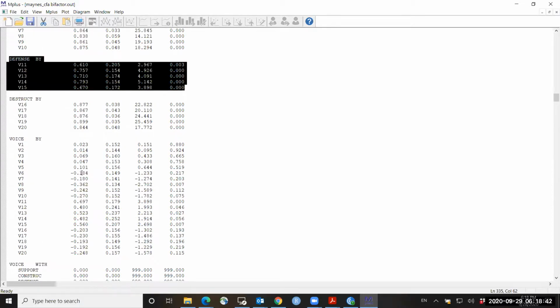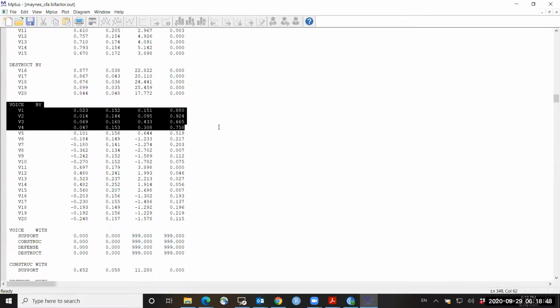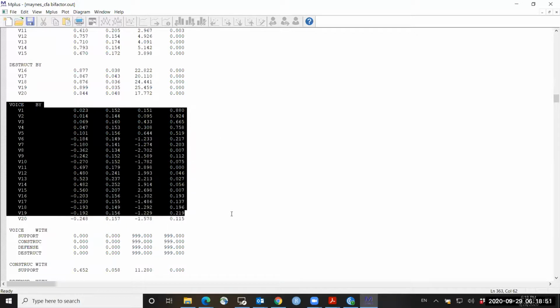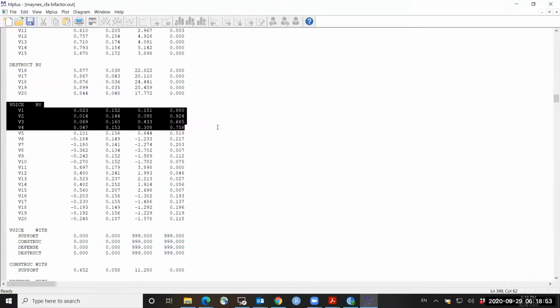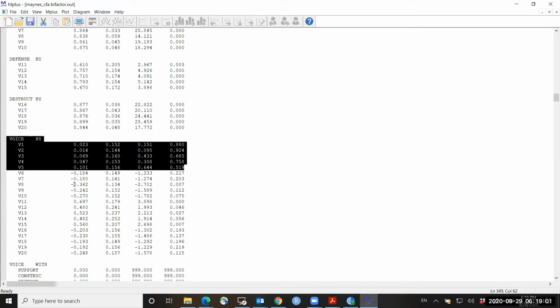And now we have the loadings for the voice behavior. Note that they are not high. They are higher for defense.